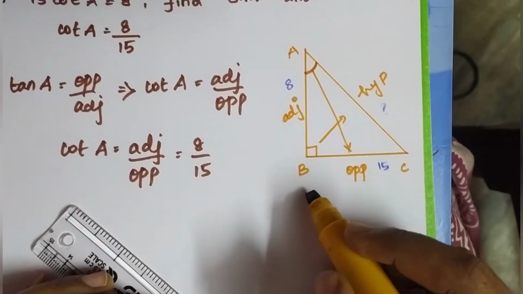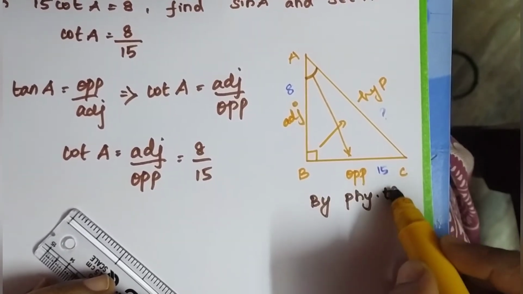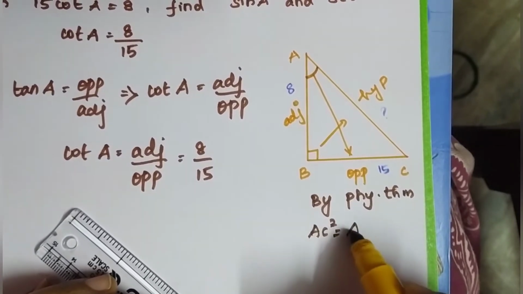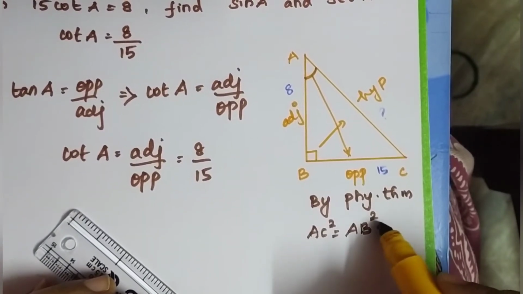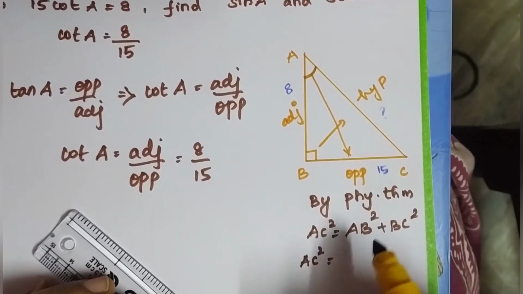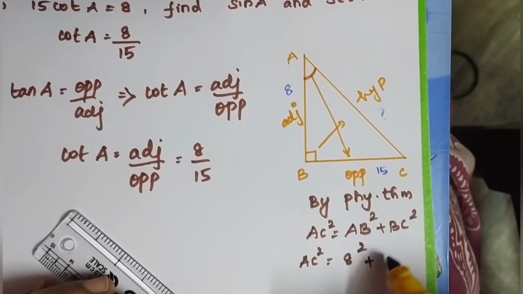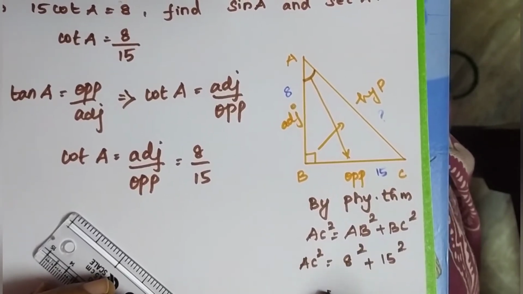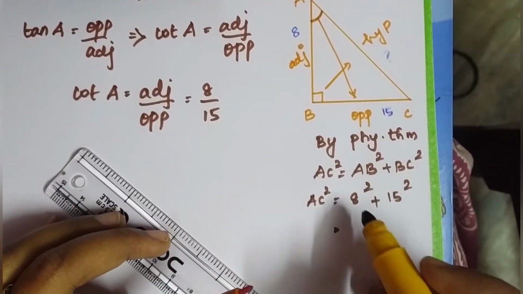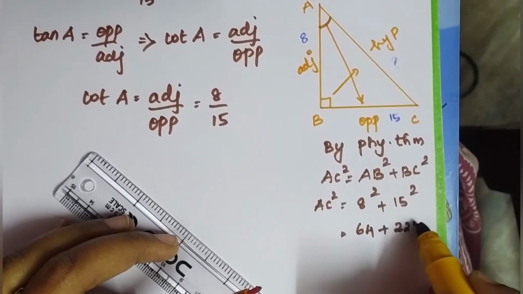How do we find it? By Pythagoras theorem, AC square is equal to AB square plus BC square. AC, that only we have to find. Keep it as it is, and AB is 8. 8 square plus 15 square. 8 square is 64 and 15 square is 225.